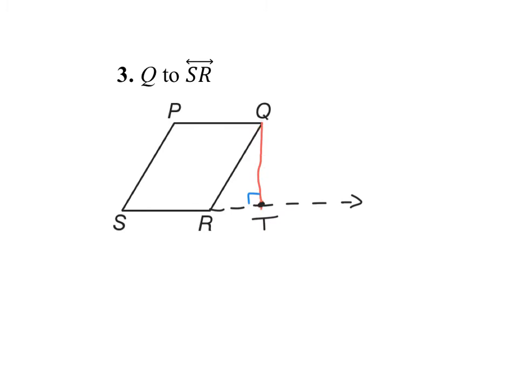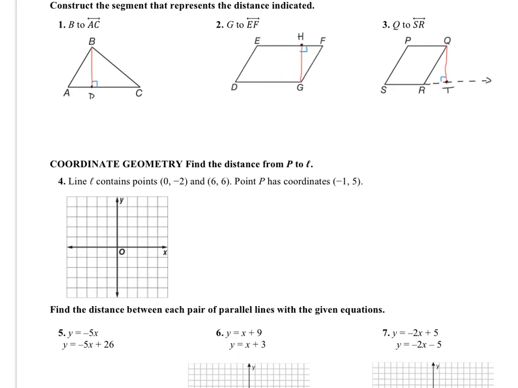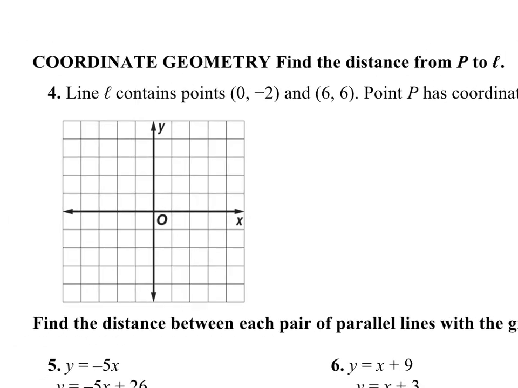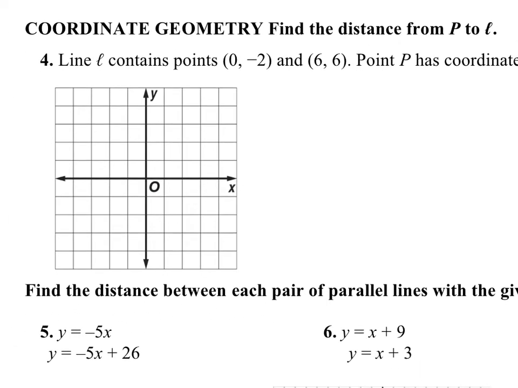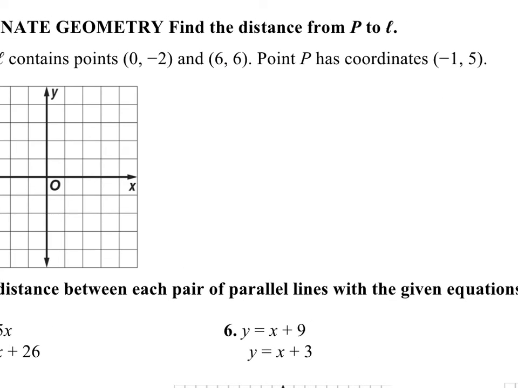Okay, so let's do a little bit of stuff with graphing. On question number 4, it says line L contains points (0, -2) and (6, 6). Then it says that point P has coordinates (-1, 5).